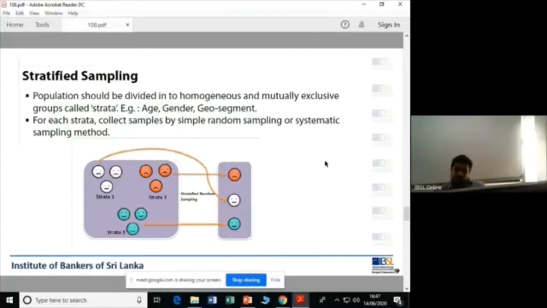You do a similar thing for the green segment and the red segment also. Based on simple random sampling or systematic sampling, you select items from the specified strata into the sample.